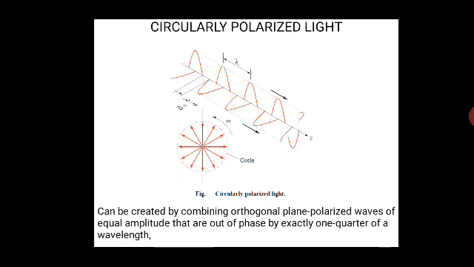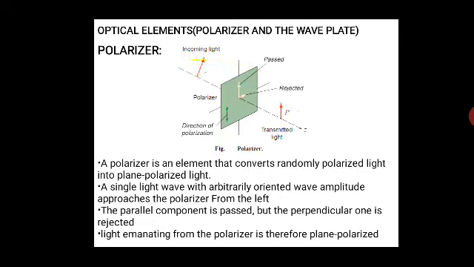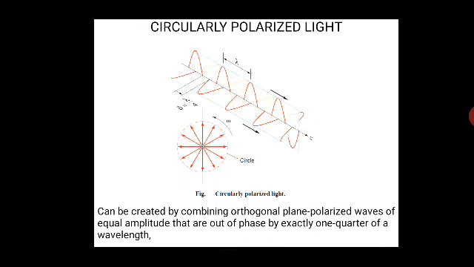The third one is circularly polarized light. You can observe clearly here that when two plane polarized waves of equal amplitude are combined with exactly one quarter of a wavelength phase difference, such polarized light is called circularly polarized light.